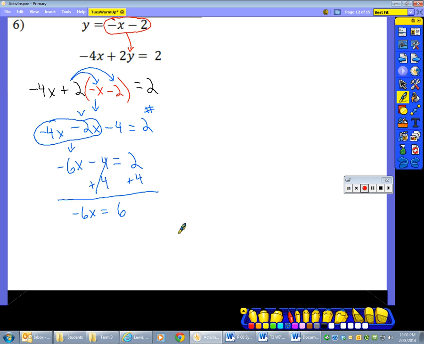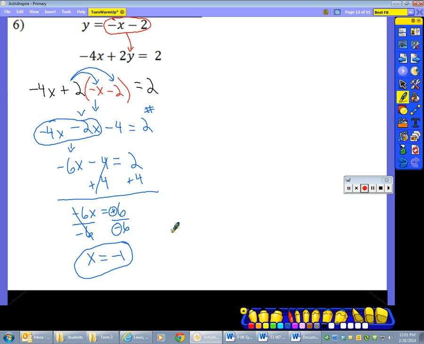Well, that negative 6 is multiplying times x, and I know that because they're right next to each other. So the opposite of multiplying by negative 6 is dividing by negative 6. So I divide both sides by negative 6, and I'm left with x equals negative 1, because when you divide a positive and a negative, you get a negative answer.